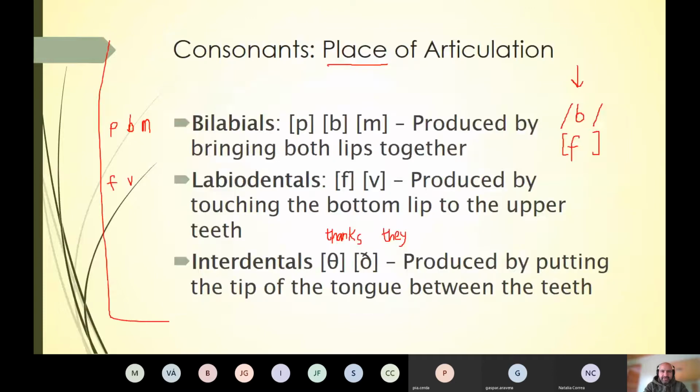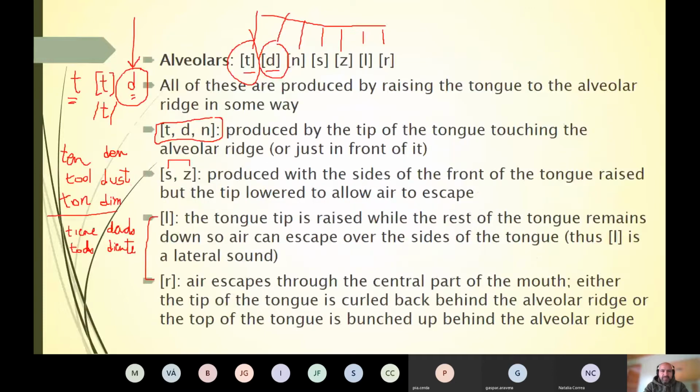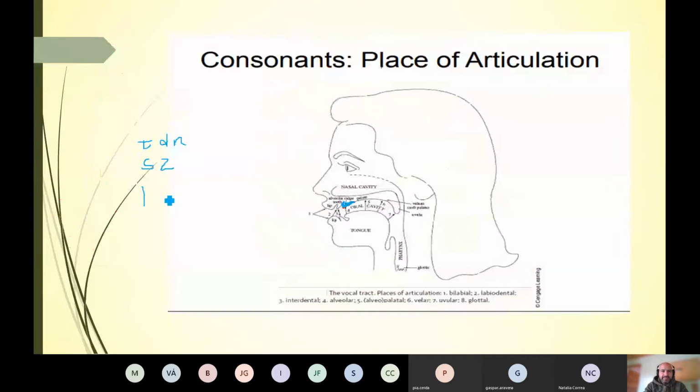So, if we go back to the alveolars, right? When we produced L and when we produce L, the tip of the tongue is also raised, but when you raise the tip of the tongue to produce L, the air stream goes through the sides.